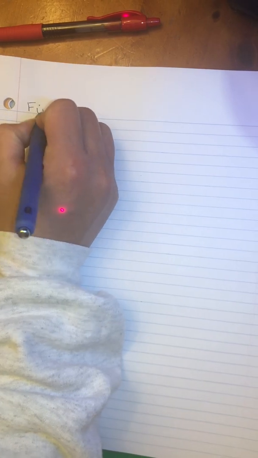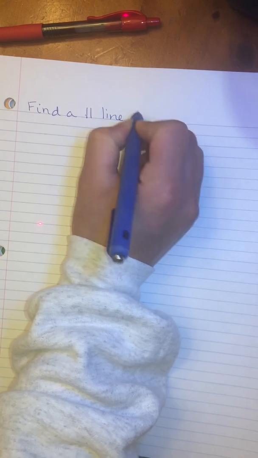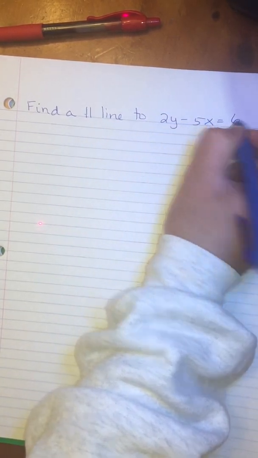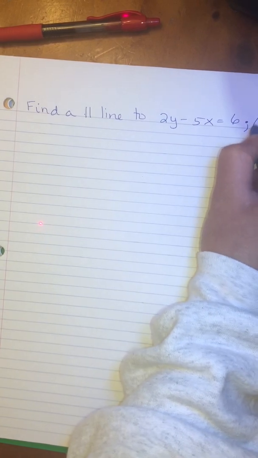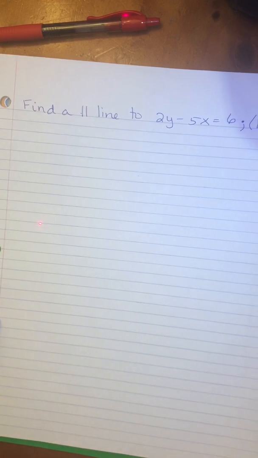So let's say that they tell you, find a parallel line to 2y minus 5x equals 6, and make sure you go through the point (10, 2). Okay?